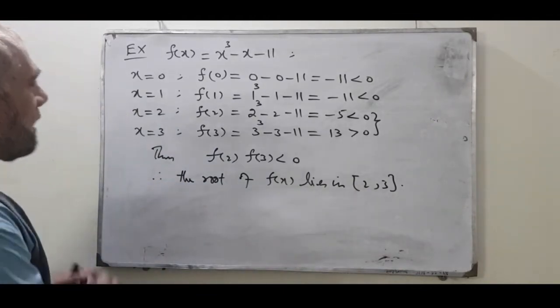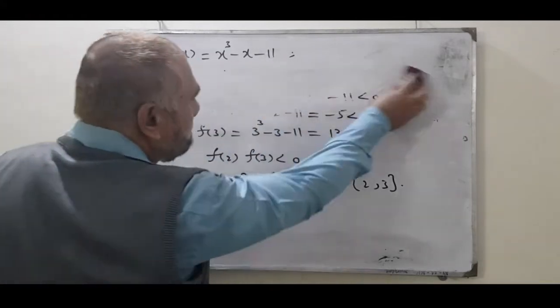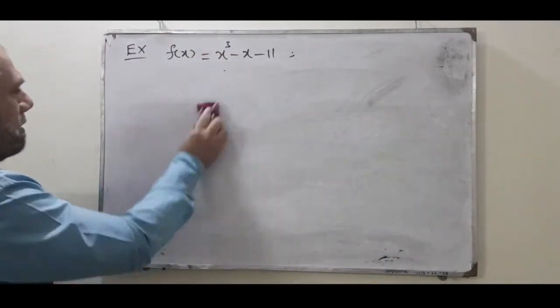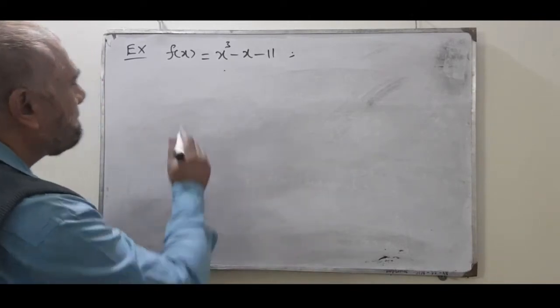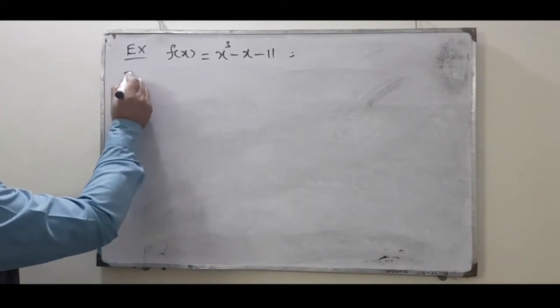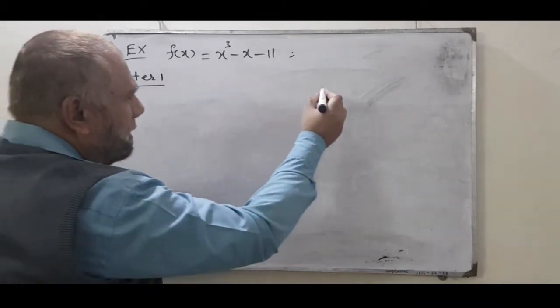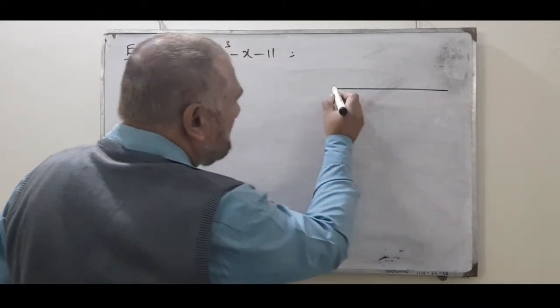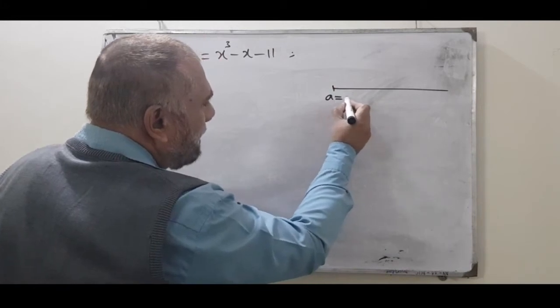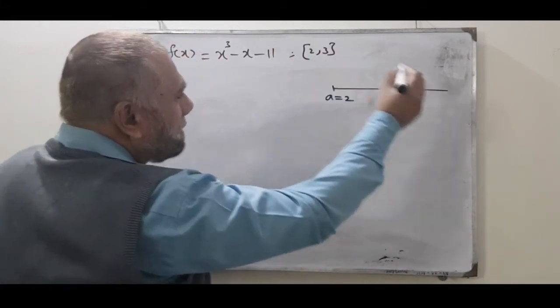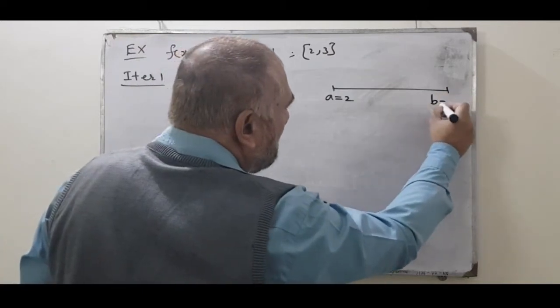Now we go for iteration number 1. Let me show it here. All this information we have gathered so far. A, I can take the left hand point, which was the domain in which the root lies, and B, I take it equals 3.